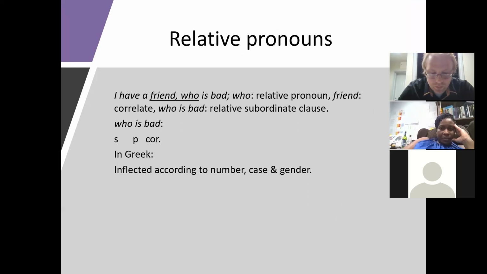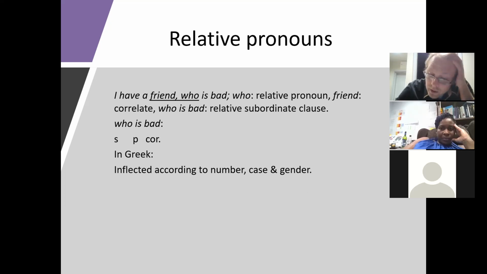The next topic is relative pronouns. The syntactic function of a relative pronoun is that it refers back to a noun or a noun phrase. In the English sentence, I have a friend who is bad, the word who is a relative pronoun.